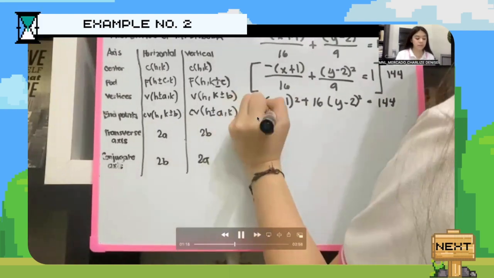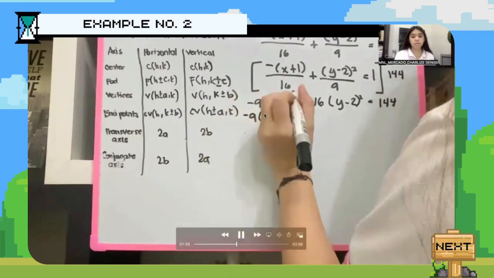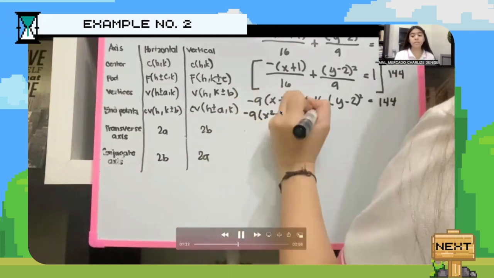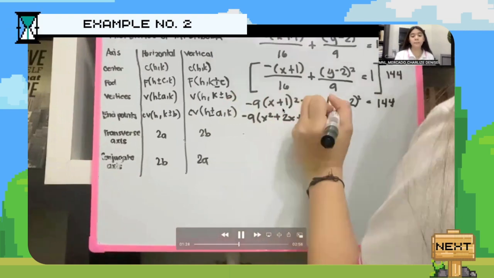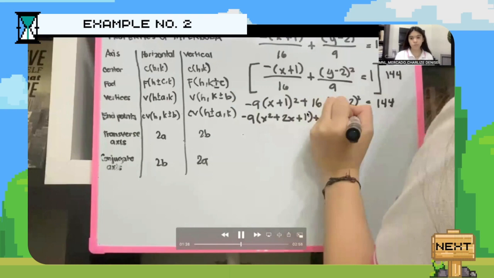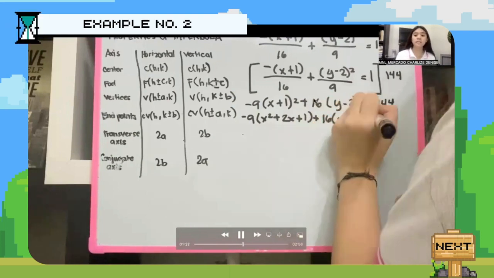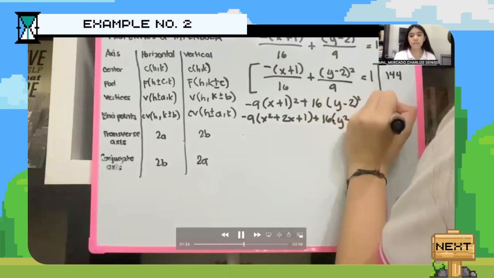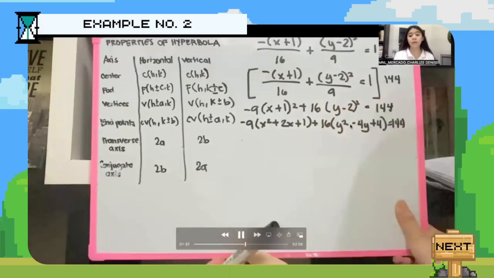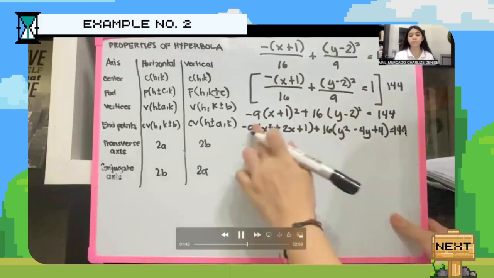So negative 9 quantity x squared plus 2x plus 1. And we will also factor this out. So 16 quantity y squared minus 4y plus 4 is equal to 144.